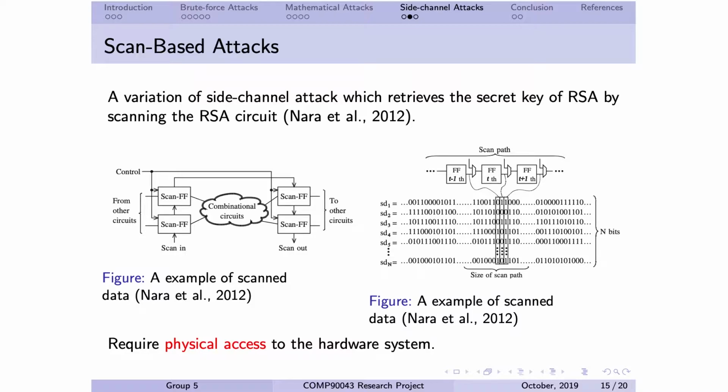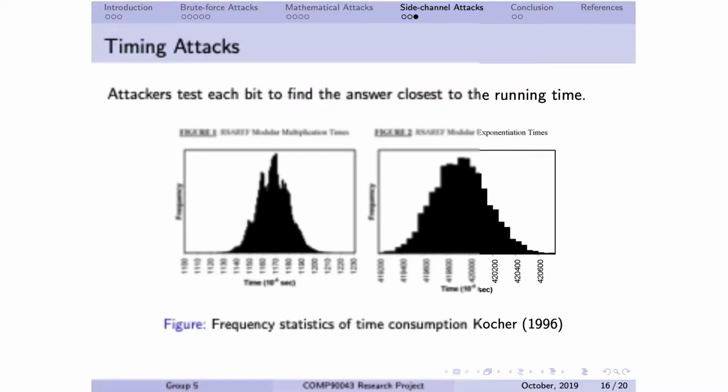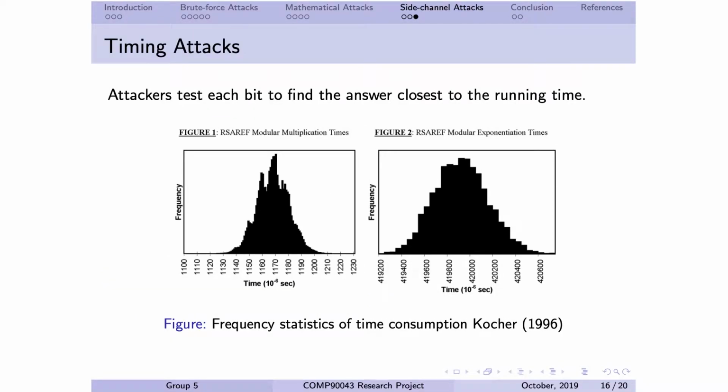Because of this, there are lots of kinds of attacks which satisfy this idea. The first one I would like to introduce is called the scan-based attack. This kind of side channel attack requires bits in the calculation. With specific bits appearing, certain intermediate values can be confirmed. Then the whole system can be attacked by iteration. Another attack to introduce is the famous one, which is called the timing attack.